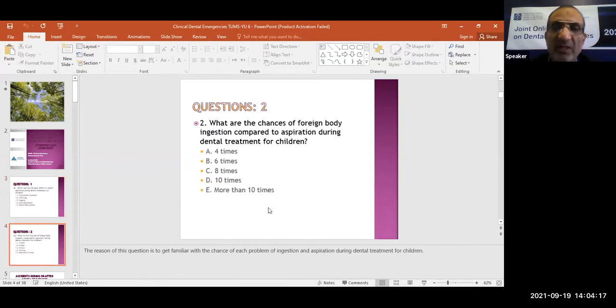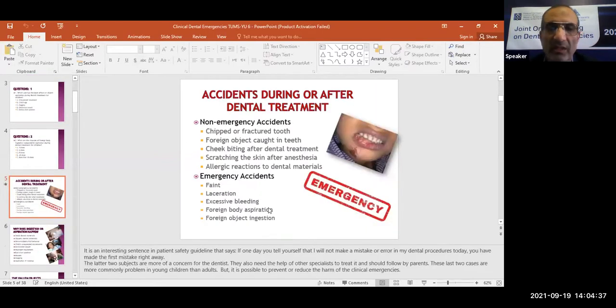And the next question is about comparing aspiration and ingestion. The purpose of this question is to get familiar with the chance of each problem, ingestion and aspiration, during the dental procedure for children.